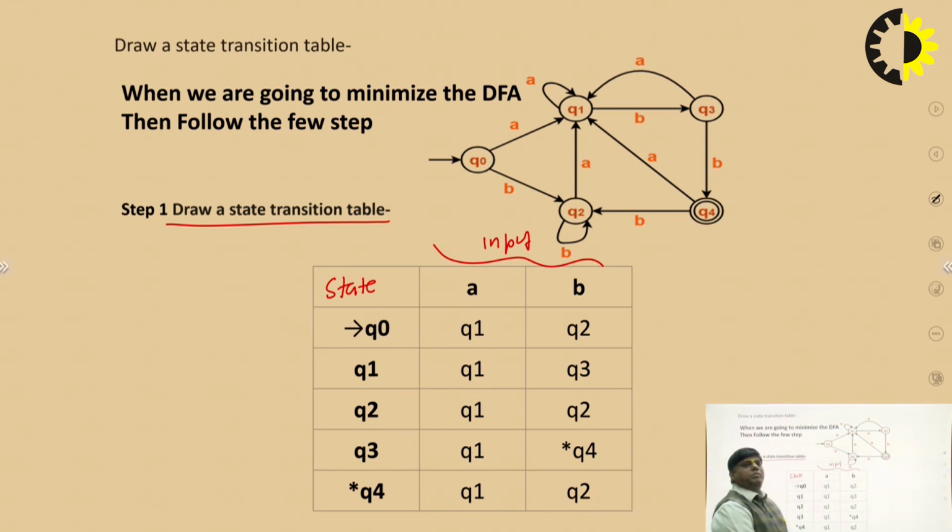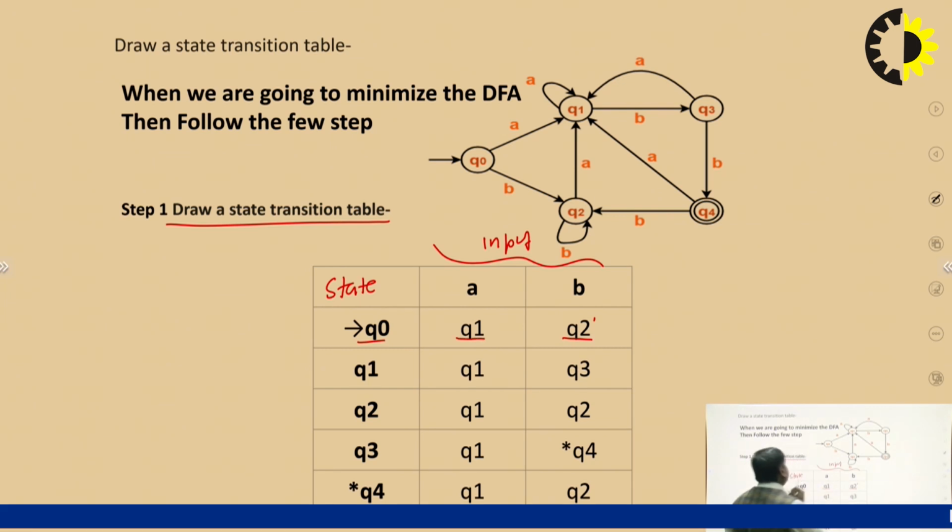This is the method by which we design the transition table of any finite automata. Similarly, on Q0 with B, we move to Q2. Similarly, we design the transition table for all the states.